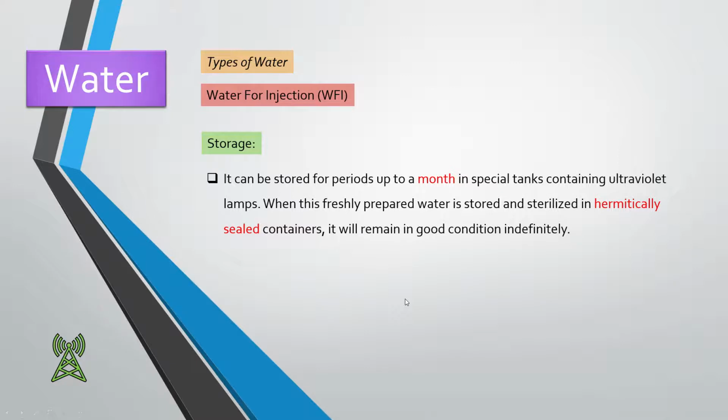It is stored in sealed containers, and sometimes when it is in bulk form, ultraviolet light is also shed inside the container, with a UV killing intensity for the bacteria.